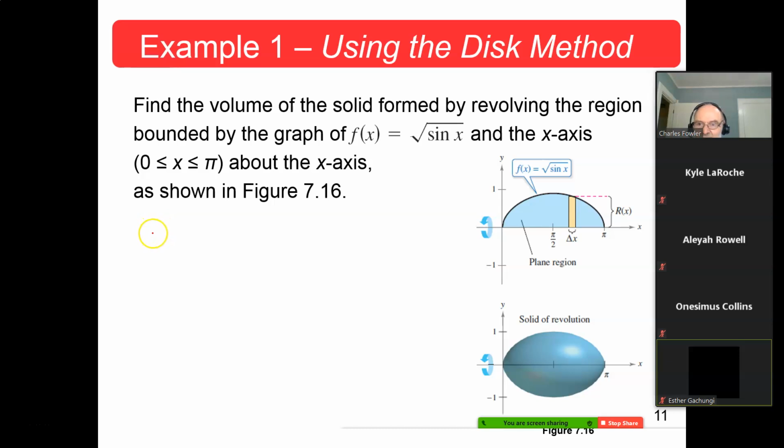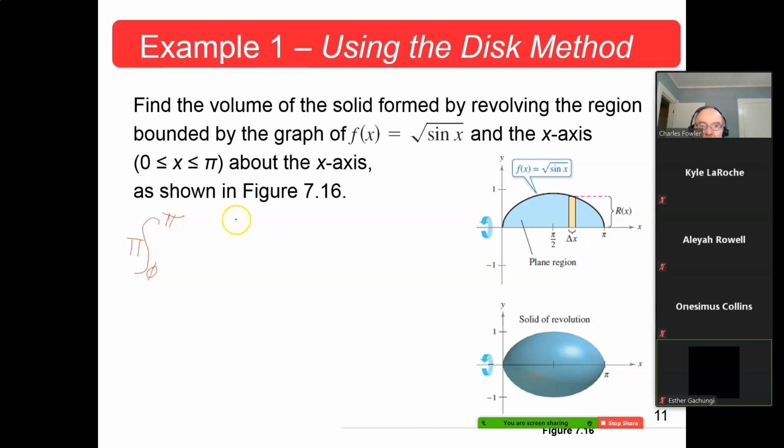We said the integral goes from x equals 0 to x equals pi. And then you have the pi on the outside here. Now that pi has nothing to do with this pi. This is from your formula: the area of a circle is pi r squared. So the pi's on the outside.